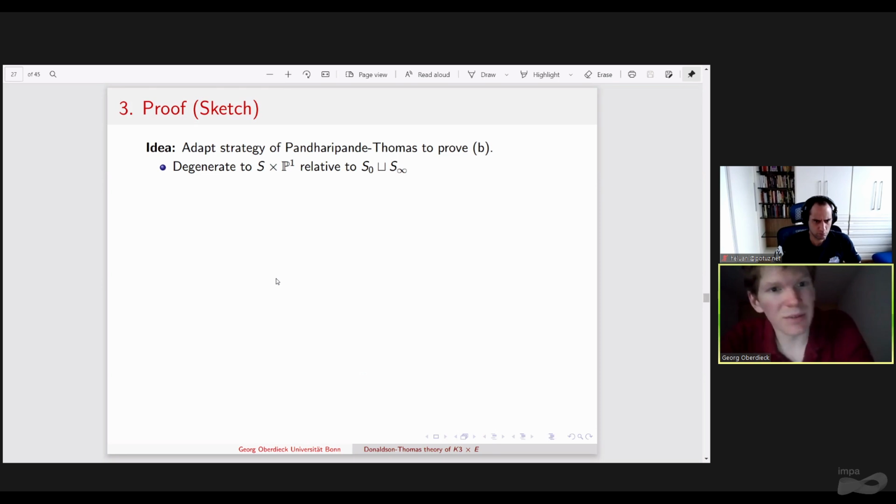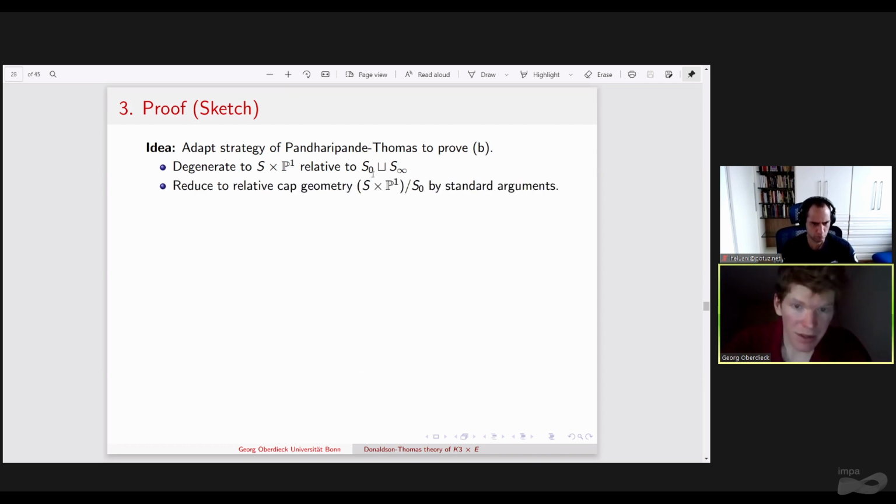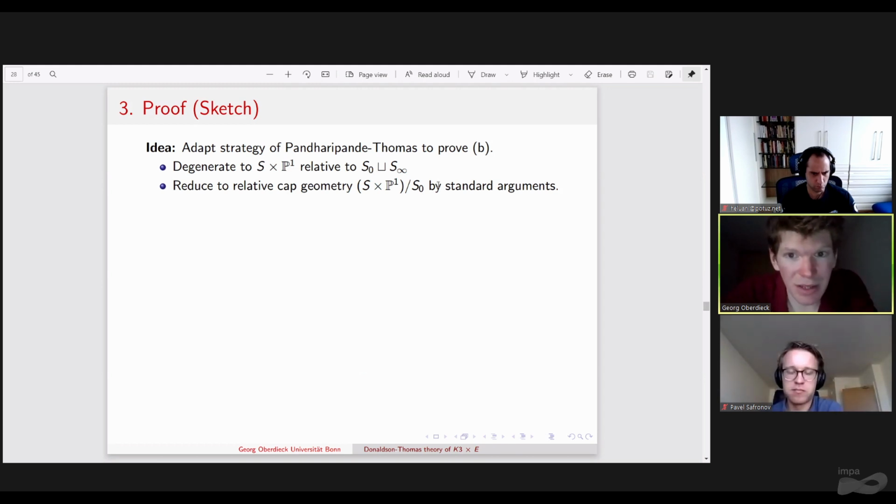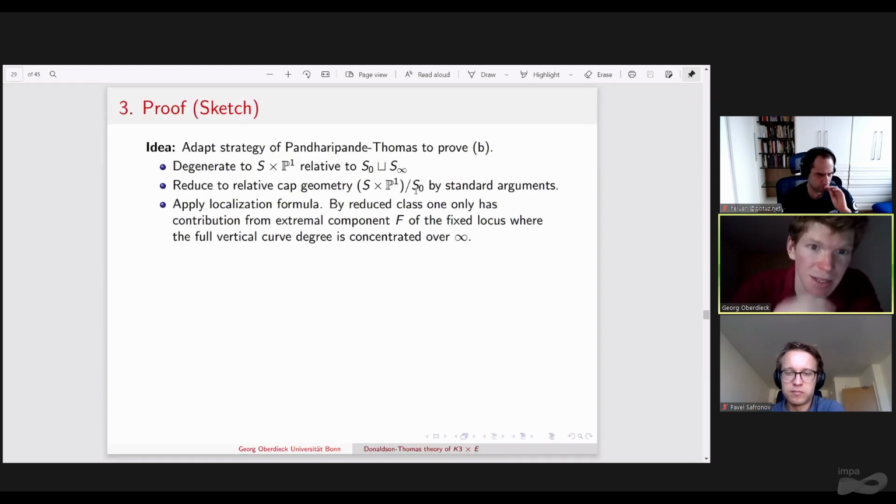Let me sketch this quickly. The idea is to take your elliptic curve and degenerate it to a P1. Then you degenerate to this relative geometry, surface times P1 relative to 2 fibers. Then with another standard argument you reduce to the cap, surface times P1 relative to S0, and you localize there.